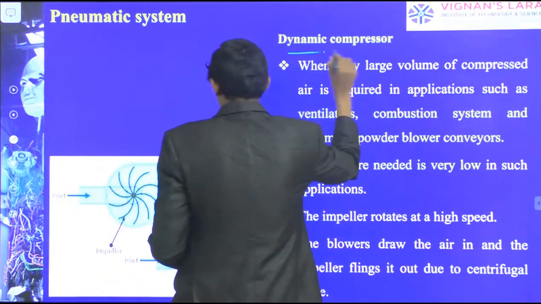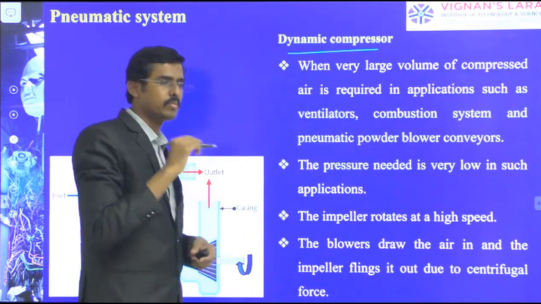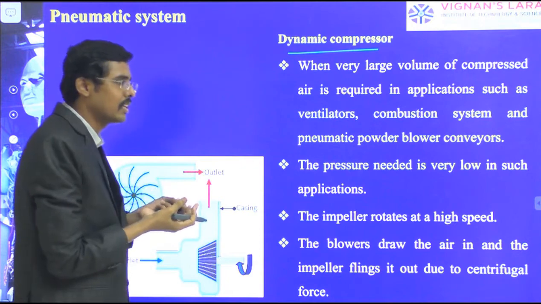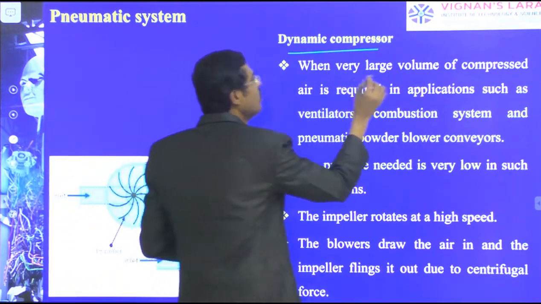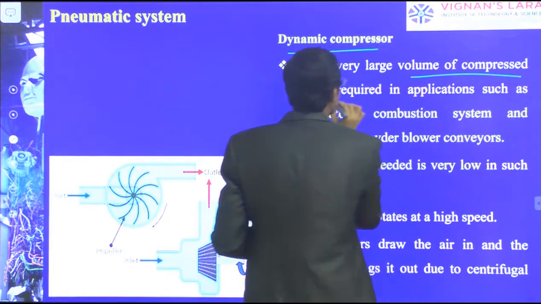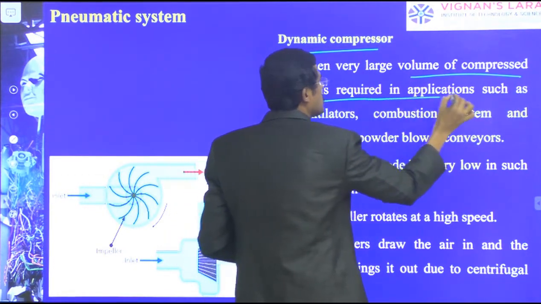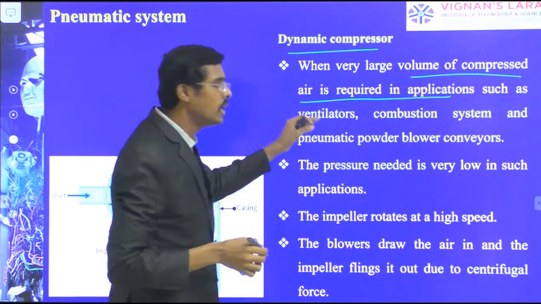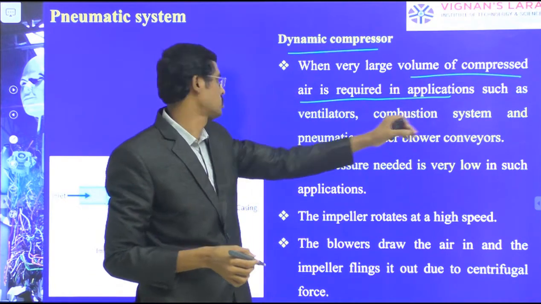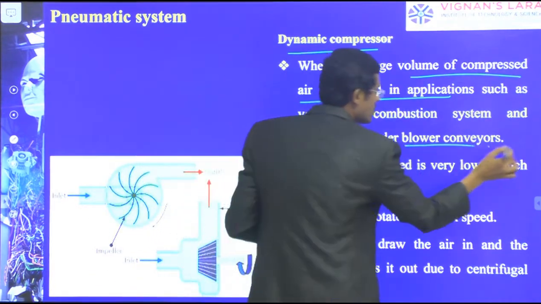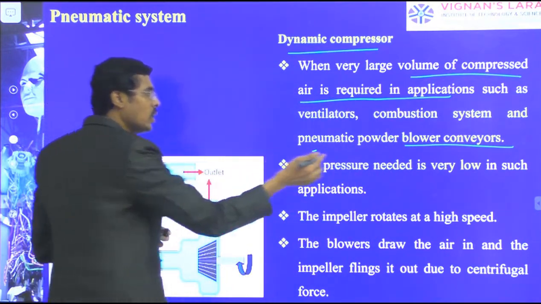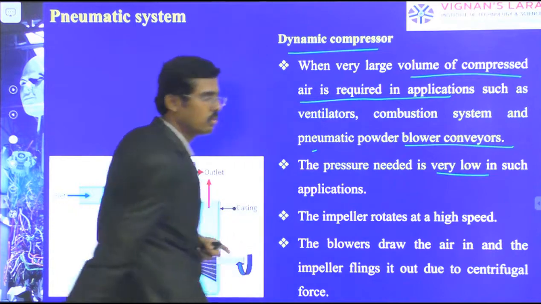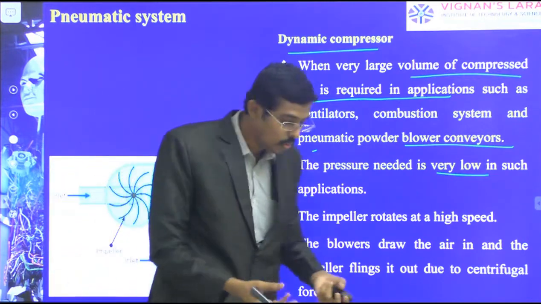Now the dynamic compressor. I am telling you, it is a simple method using turbine rotation. A large volume of compressed air is required in applications such as ventilators, combustion systems, and pneumatic power blowers. We use this where the pressure need is very low. How?